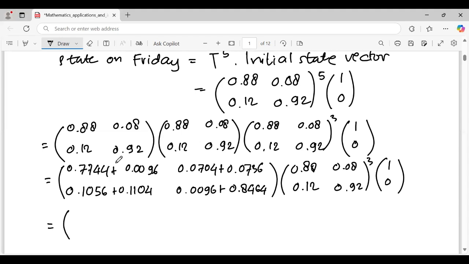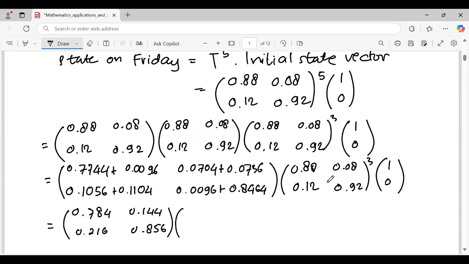This number I have calculated: 0.784, 0.216, 0.144, 0.856.